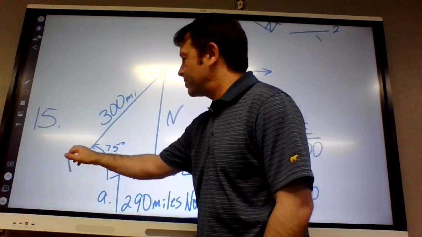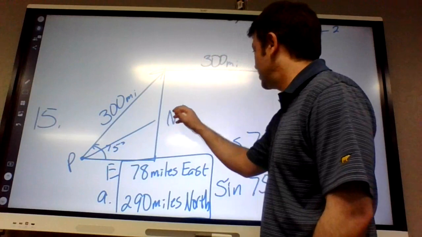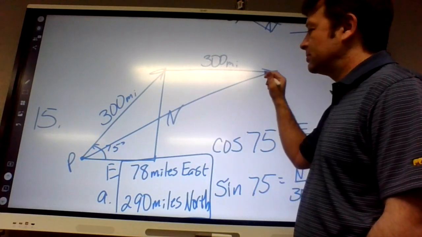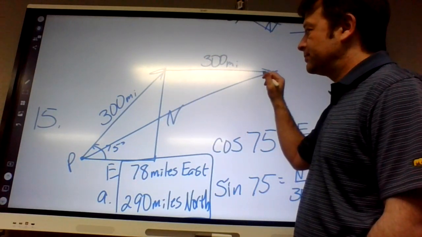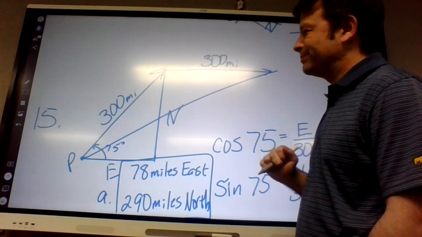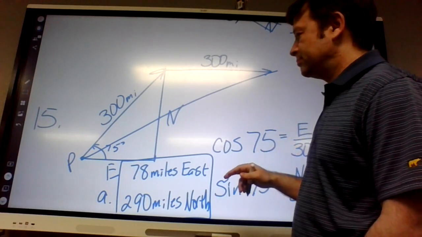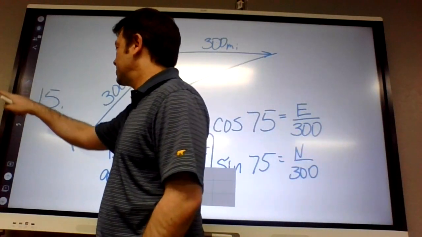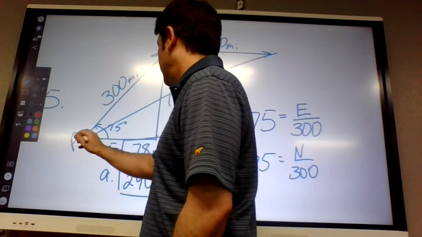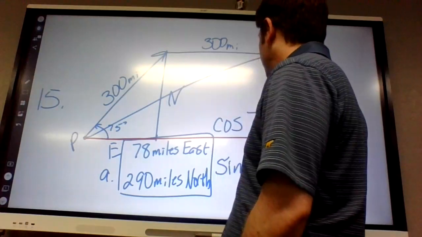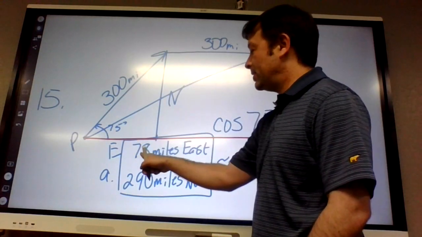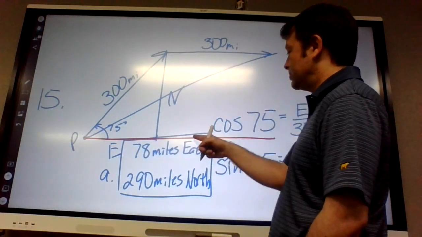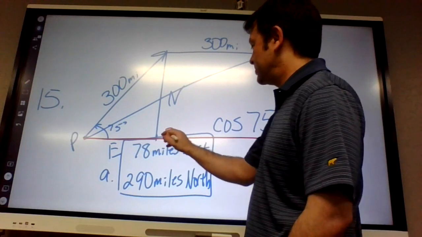This is port, so how far is it from here to there? So you have the bottom length, right? 78 plus 300. So the east is 78 plus 300. So we'll say 378.